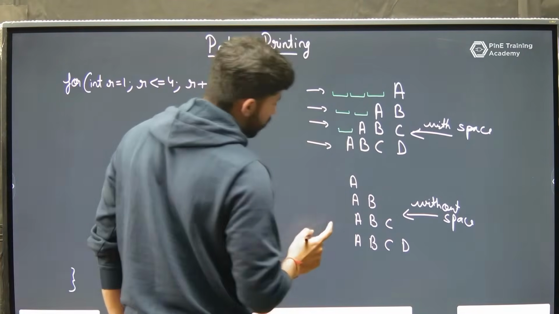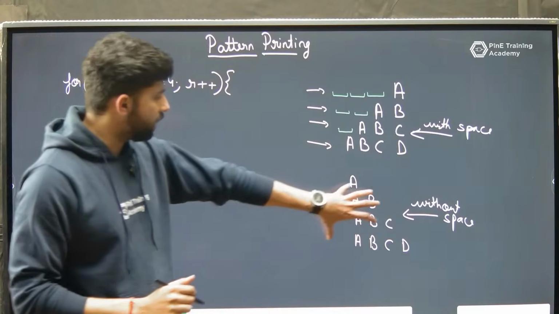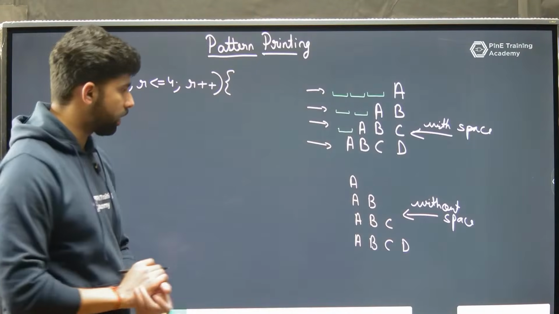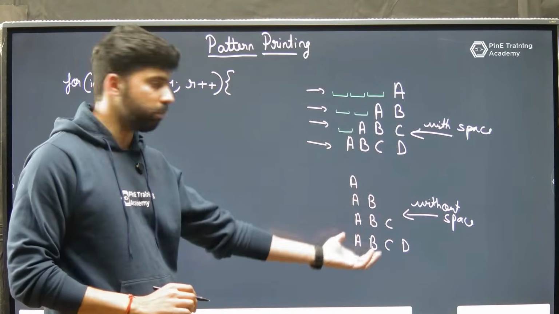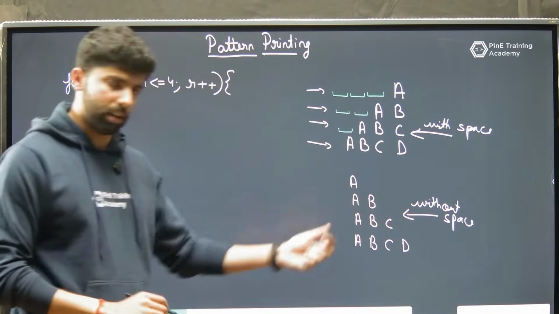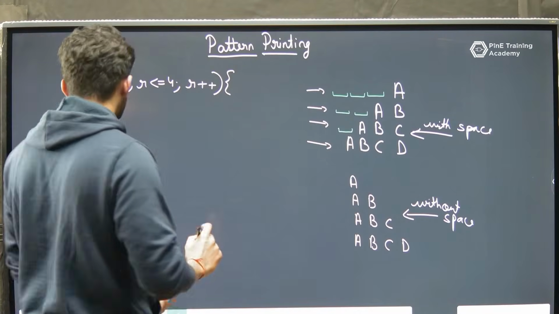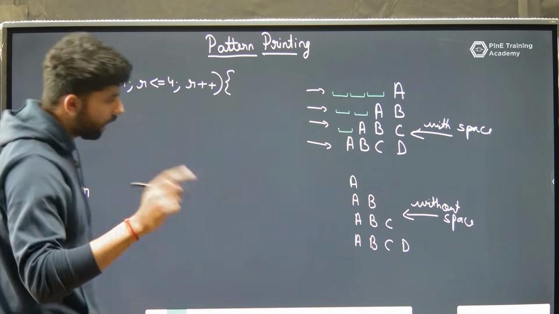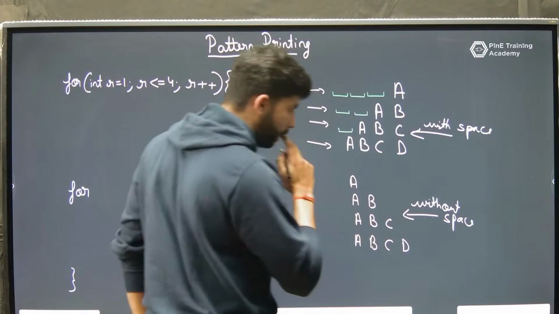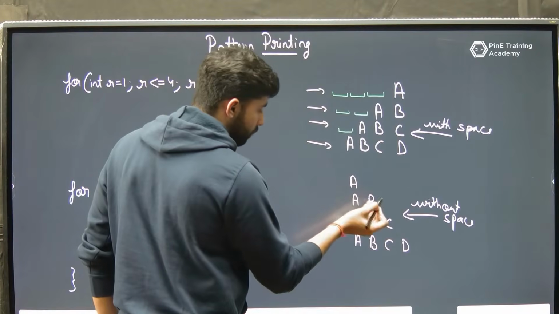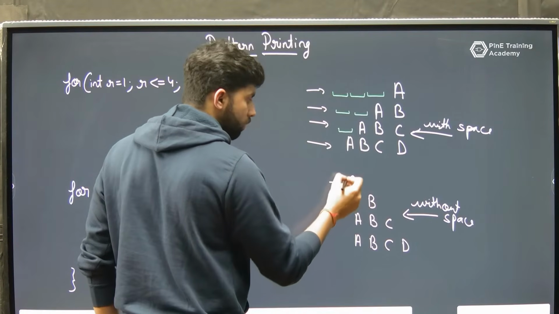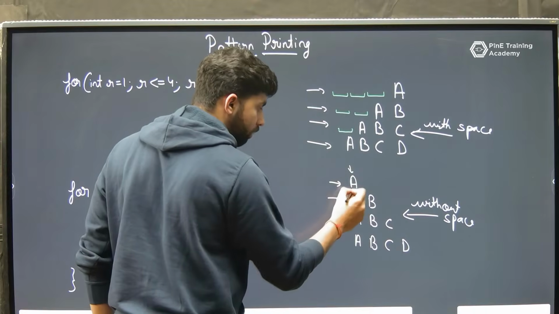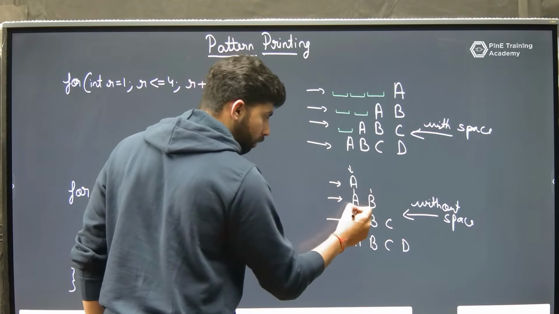Next, let's write the code for this pattern as well. We know how to write the loop for columns for this kind of pattern, so I will write it. Again, I'll repeat what we did in the previous patterns. In first row, we have only one column. In second row, we have two columns. In third row, we have three columns.